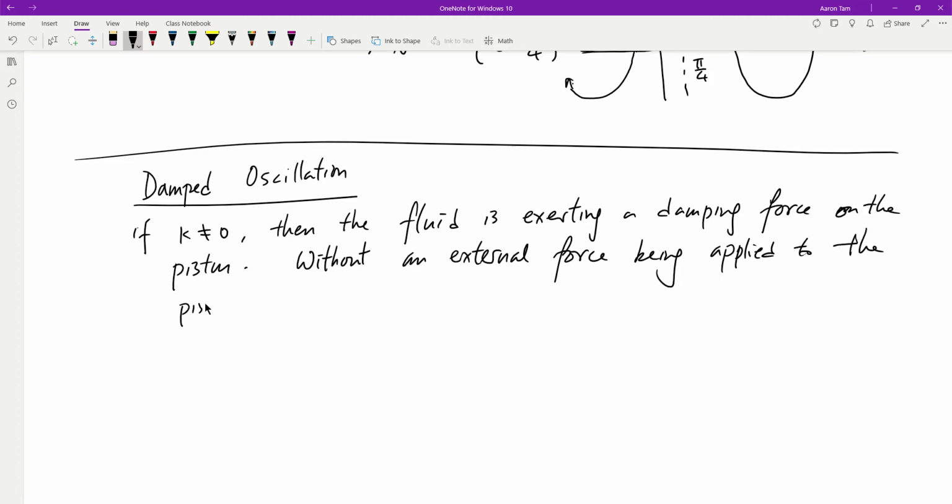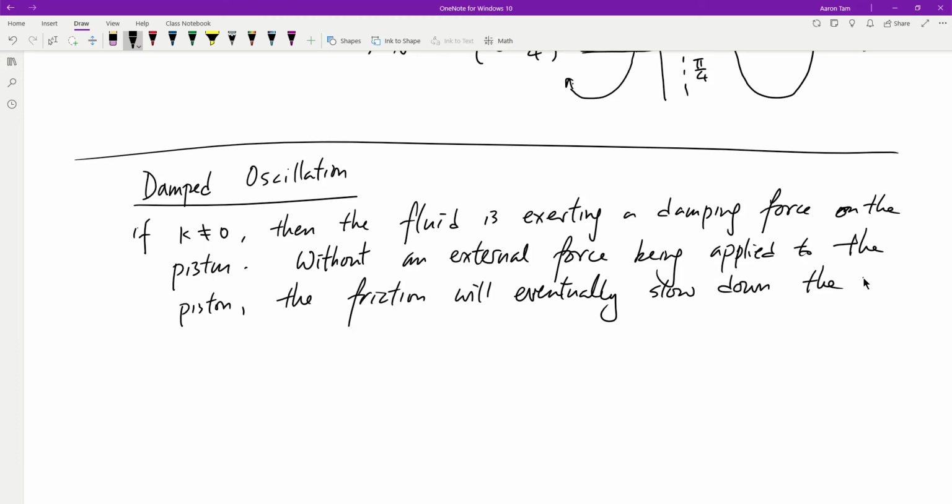Otherwise, if there's no external force being applied to the piston, the friction will eventually, however long it takes, slow down the piston until it stops.